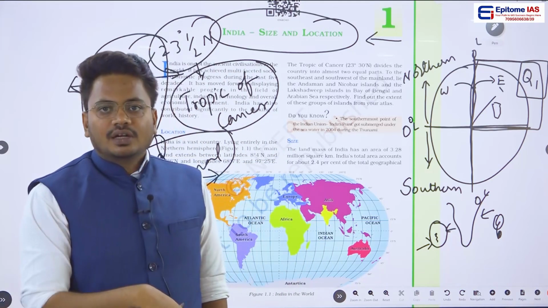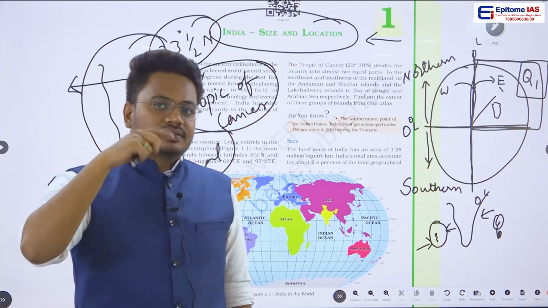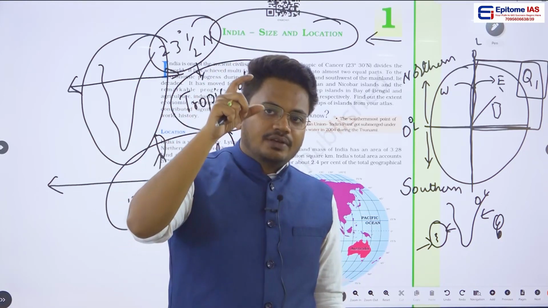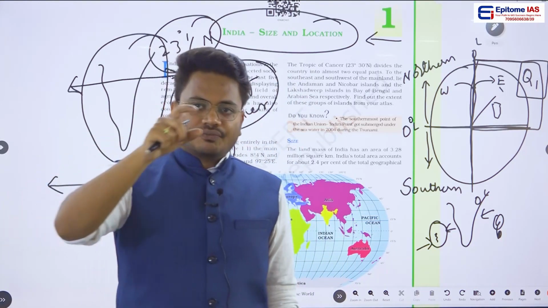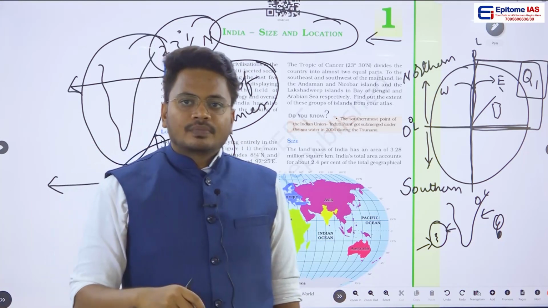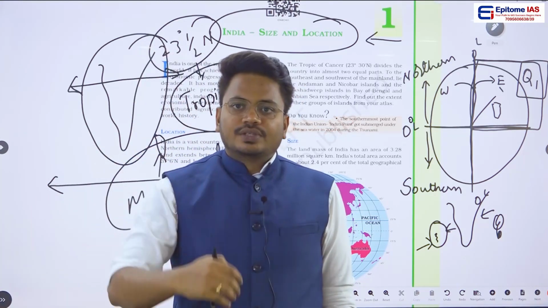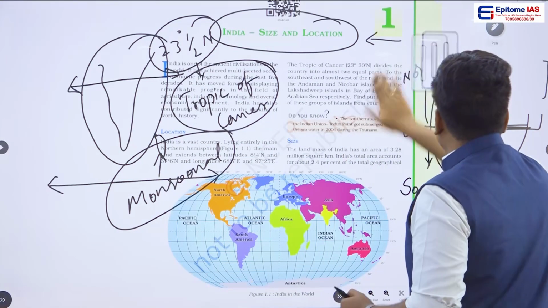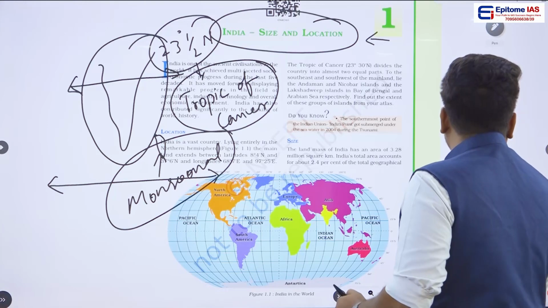That means in the western side the width is very high. Once you start traveling from west towards Arunachal Pradesh, the width becomes very small. Approximately near the western side, the width is 400 kilometers.